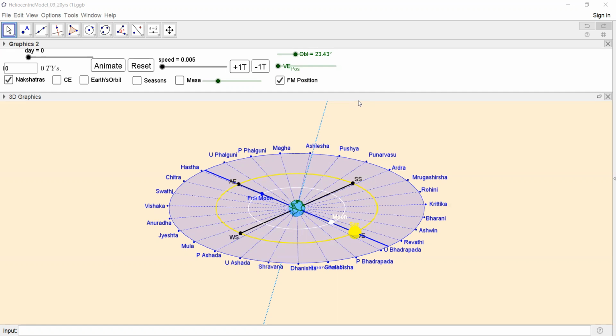The position of the moon and the sun are together, so it is a day of Amavasya. The nakshatra is Uttara Bhadrapada.